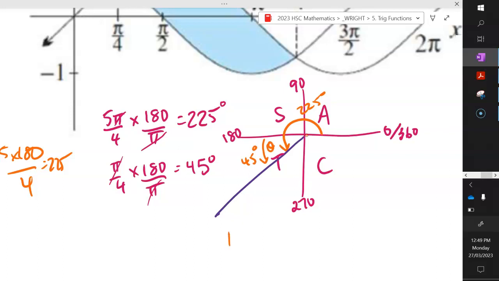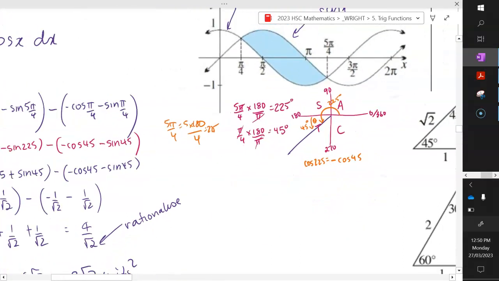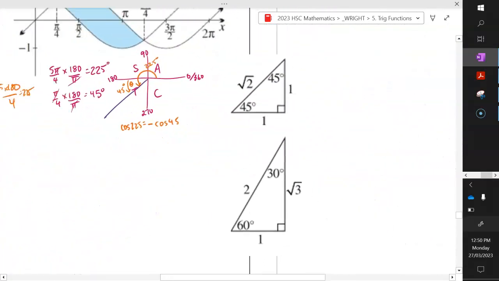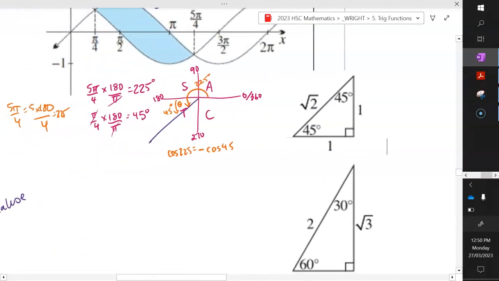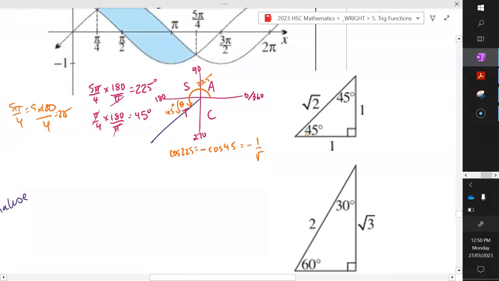So cos of 225 is equivalent to cos of 45 degrees, but in that third quadrant, tan's the only positive one, so it's going to be a negative answer, and that's where my negative comes from. Now, I want to work out cos of 45. 45 is a significant angle on our special triangles, so over here, we want 45 degrees. Cos is going to be 1 over root 2. So what we're going to end up with there is a minus 1 over root 2.